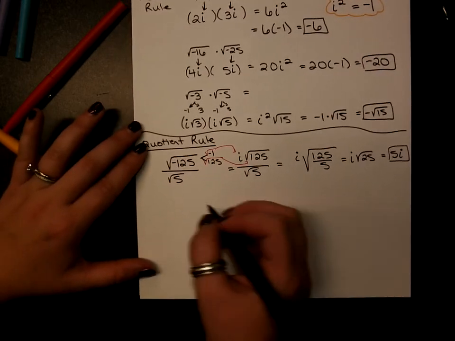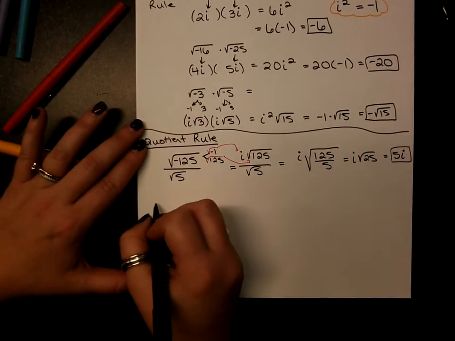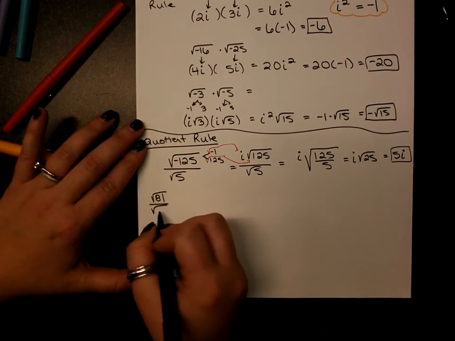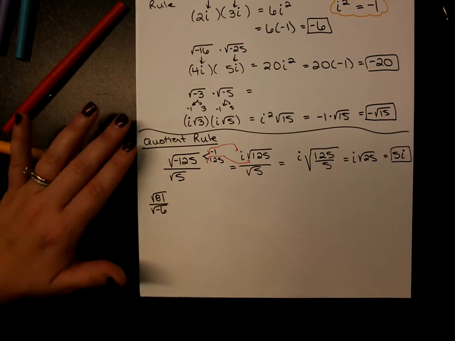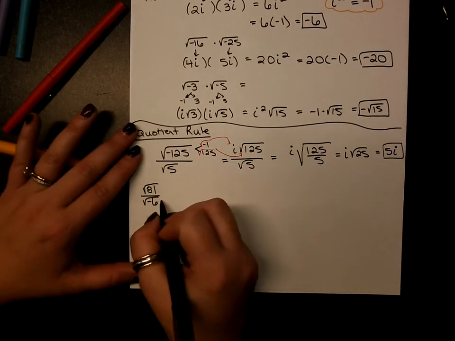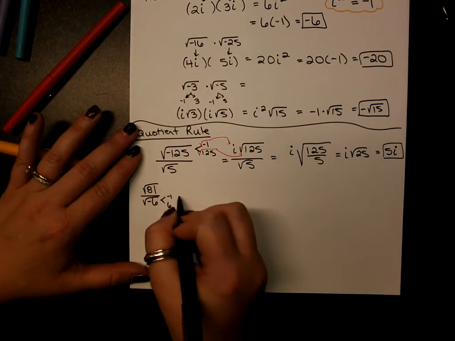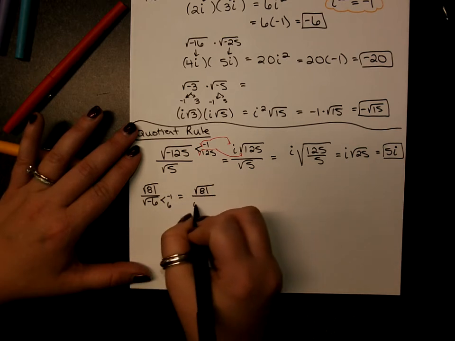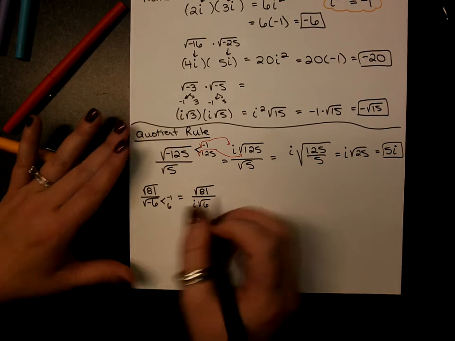All right, let's try that one more time. If I have the square root of 81 over the square root of negative 6. To clean this one up, I'm going to look at the bottom, pull out the negative 1. This is going to become the square root of 81 over i radical 6.